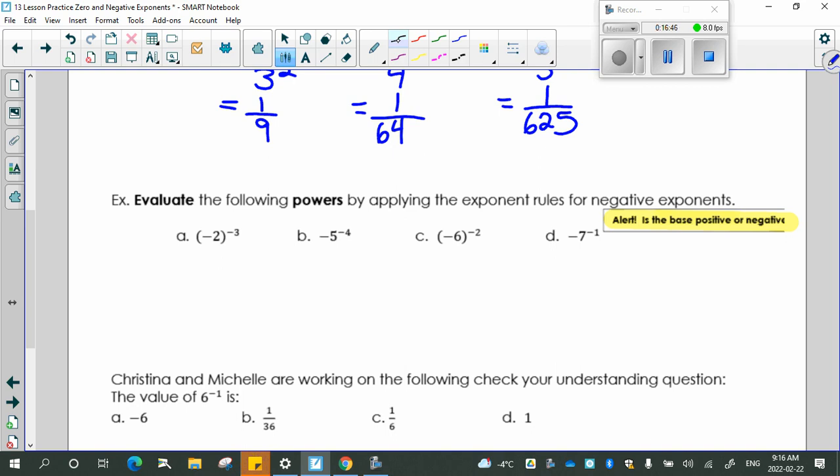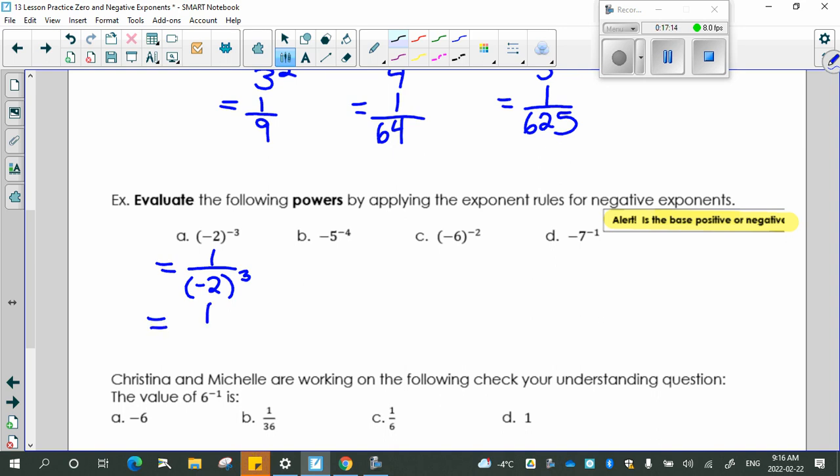If the base is not negative, the negative sign stays on the top. So here, is the base negative? So the first step would be 1 over -2 to the positive 3. So the whole base moves to the bottom.